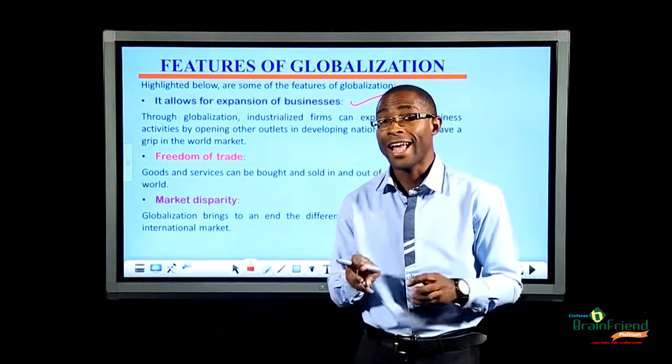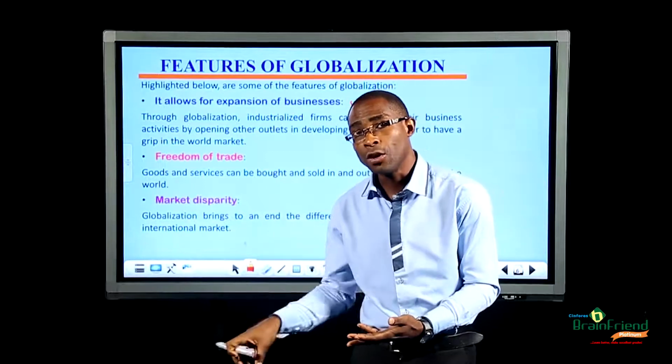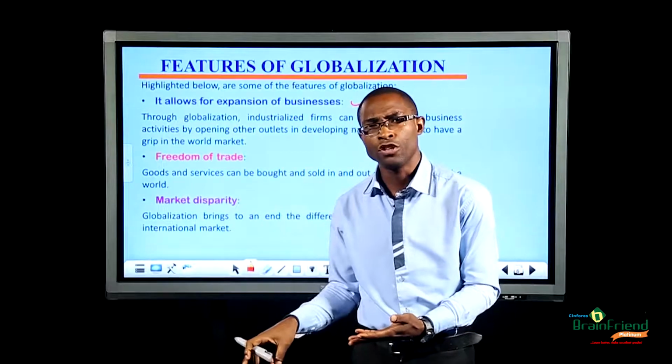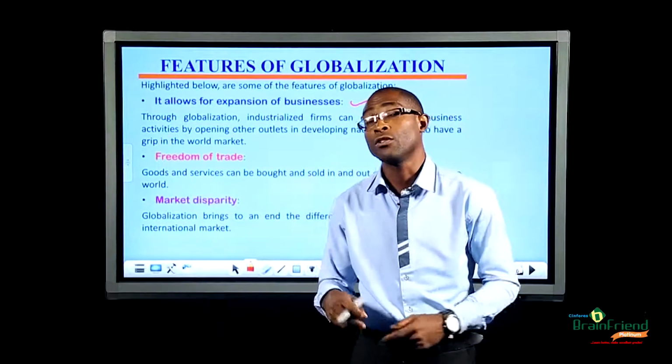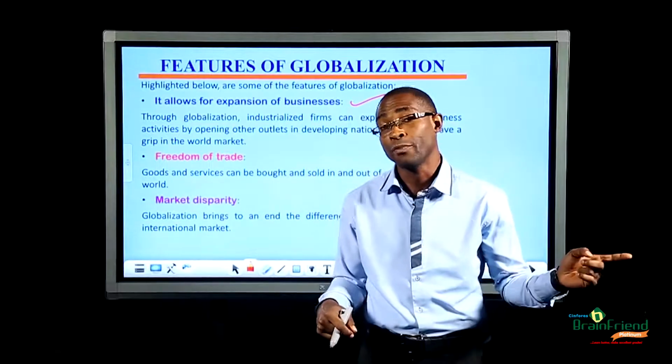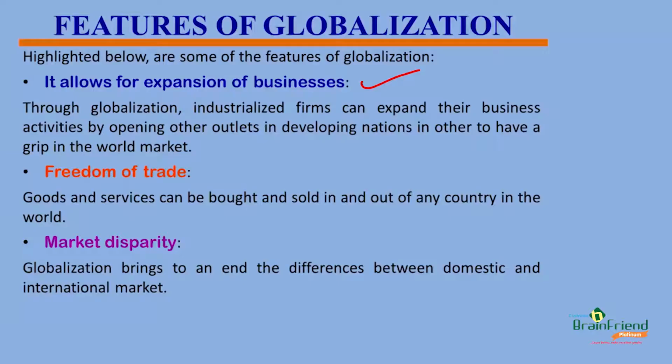With this, I can expand my business. I can take my business from my local or my home country to a foreign country. That's why you find out that there are goods that were produced in China and you find them in Nigeria. That's possible because of globalization.